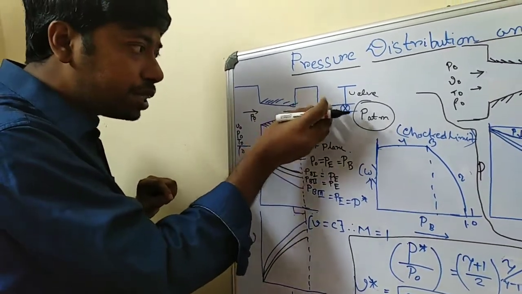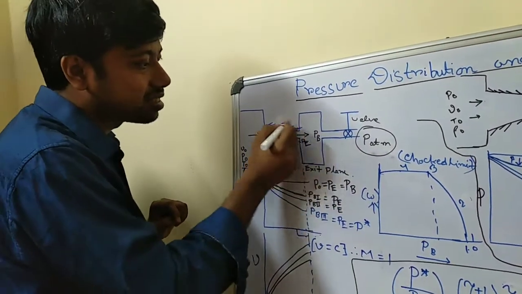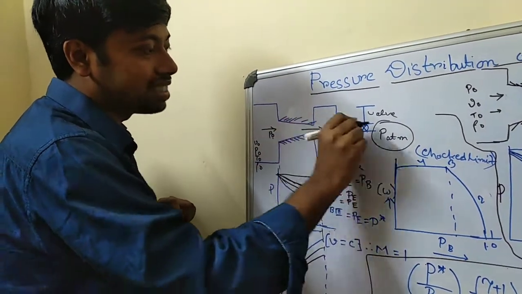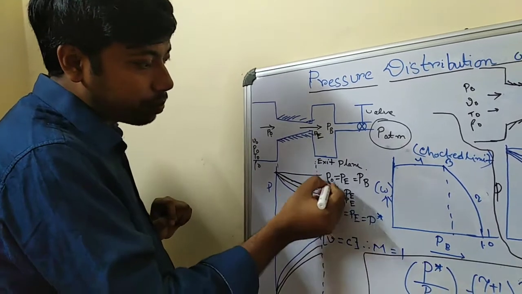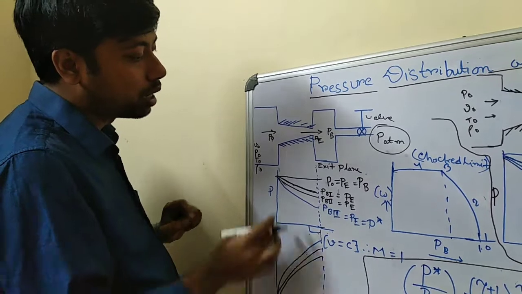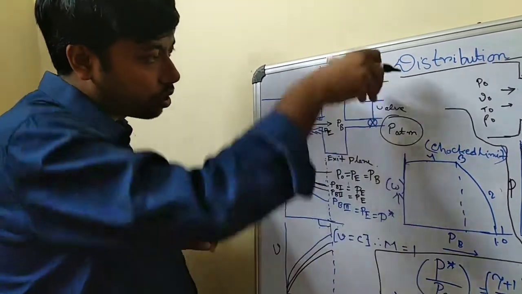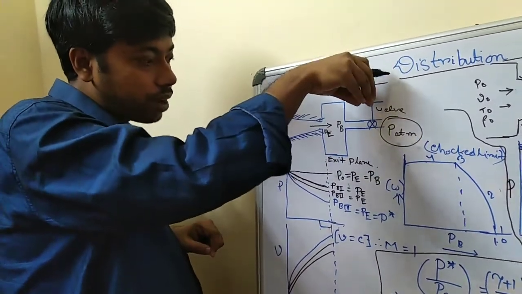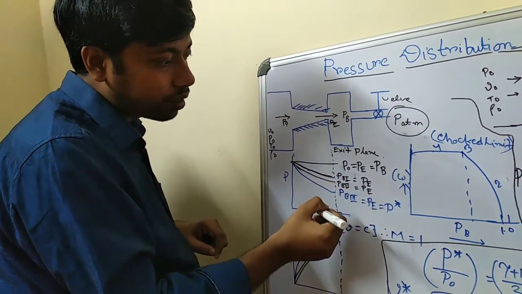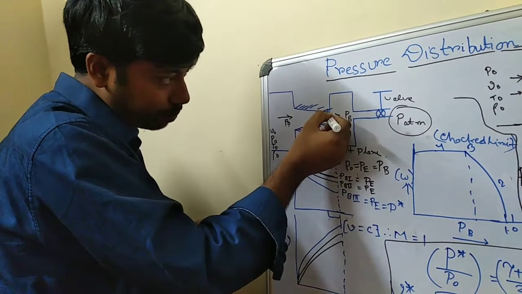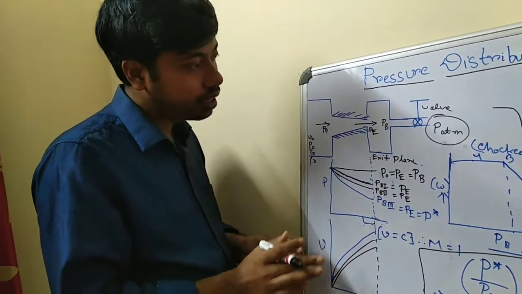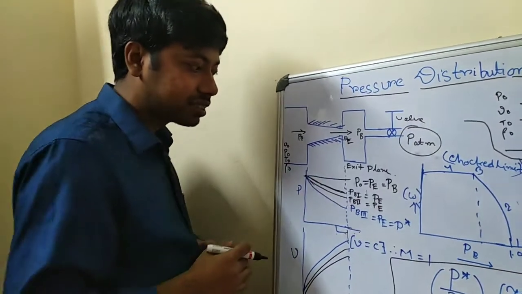When PB reduces, obviously there is some mass flow of fluid through the channel. So at this PB1 there is some mass flow rate. Similarly, if you reduce again, it reaches PB2, which is less than PB1, and when it reaches PE, obviously some mass of fluid flows through the duct section.